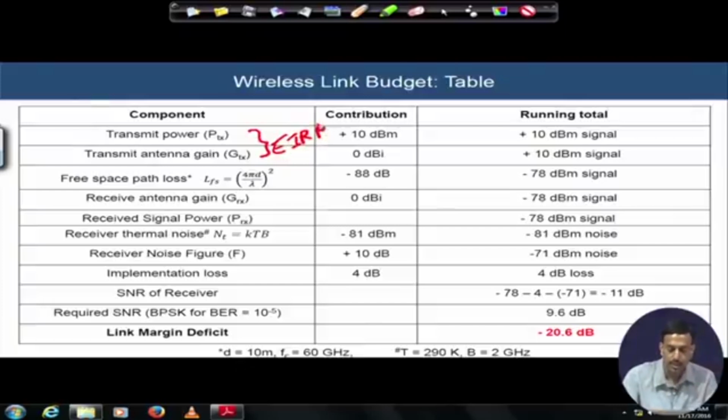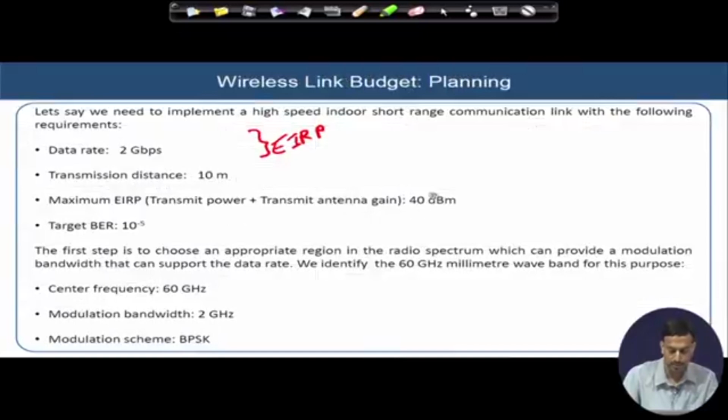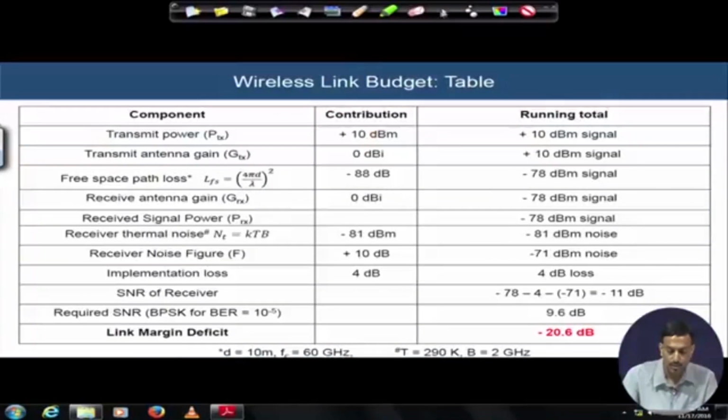As you can see, we are well within the limits of the requirement, which is 40 dBm. So we choose a transmit power of 10 dBm, and this third column here gives us a running total.